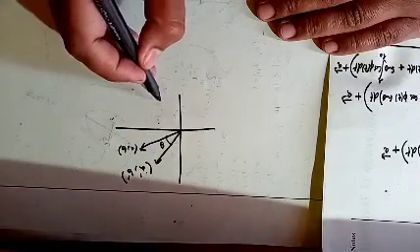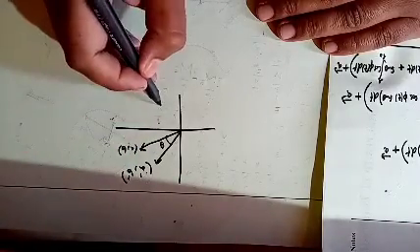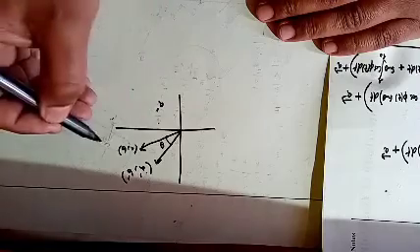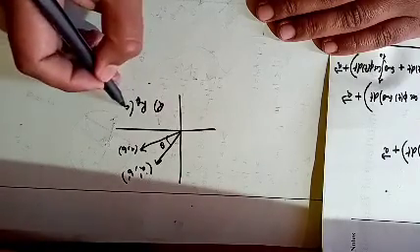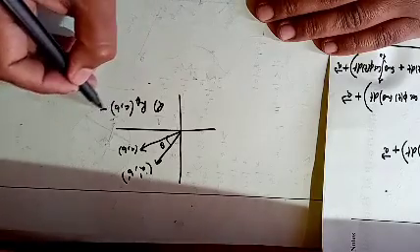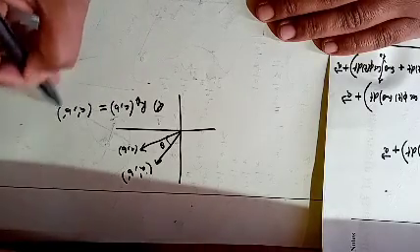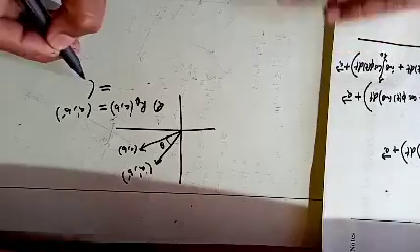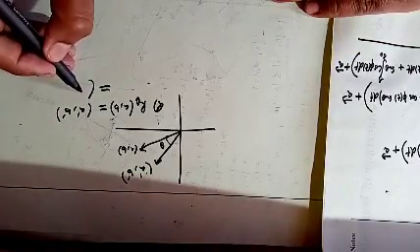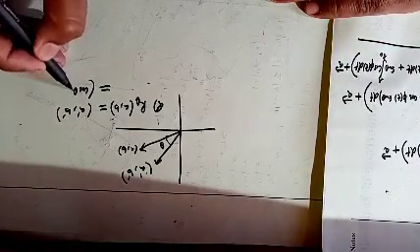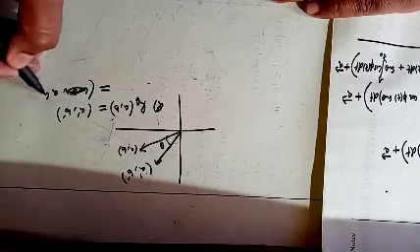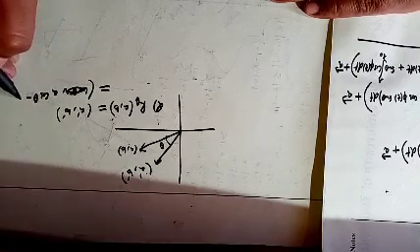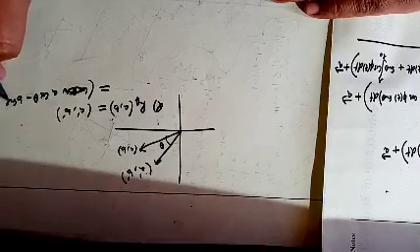Then it can be evaluated that A dash is equal to A cos theta minus B sine theta.